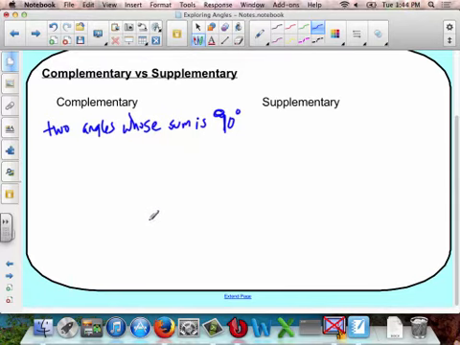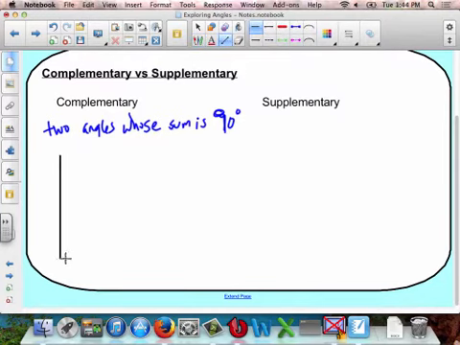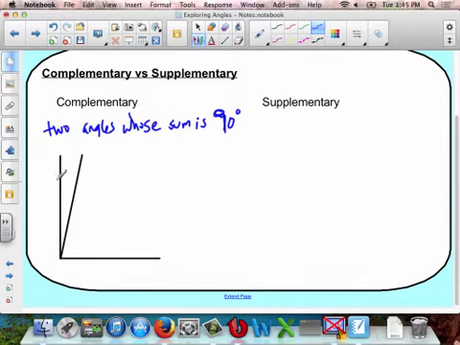No, it just means they add up to 90. You can think about it as taking a right angle and then having a third ray come in there. These two angles are not equal. Notice that this has a single arc and this one would have two arcs. It means that they are not the same measure.